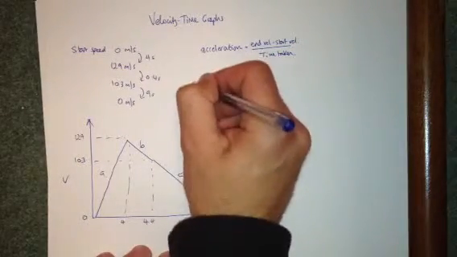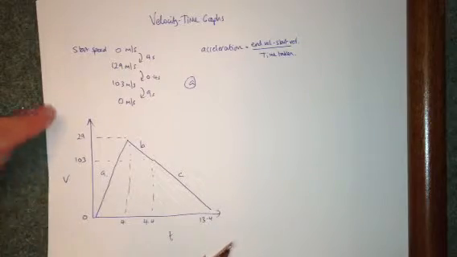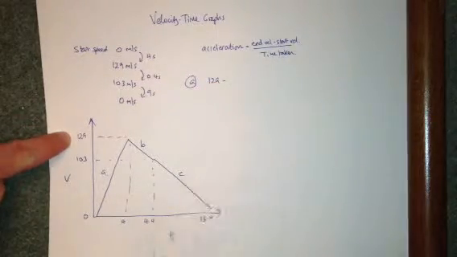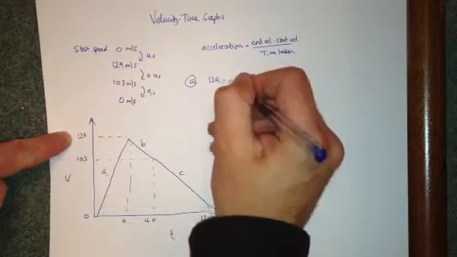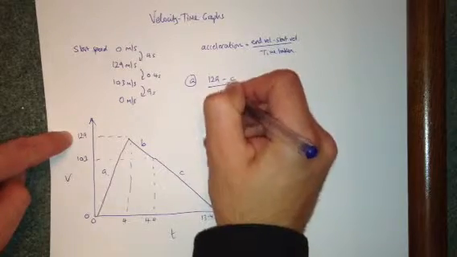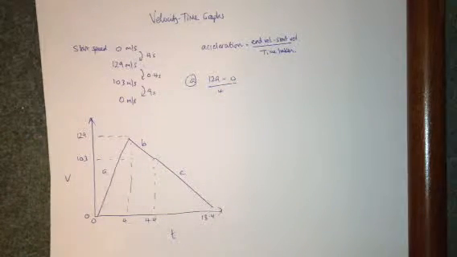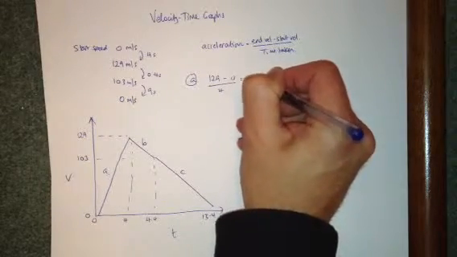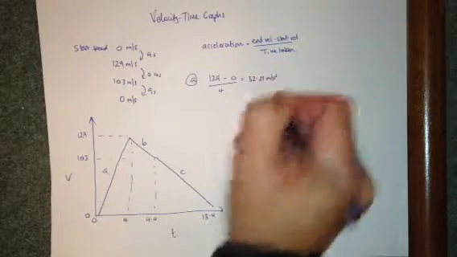So if we start with point A, the end speed or velocity was 129, take away the start, which is 0, and the time taken was 4 seconds. So 129 divided by 4 should give you, I think, 32.25 meters per second squared.